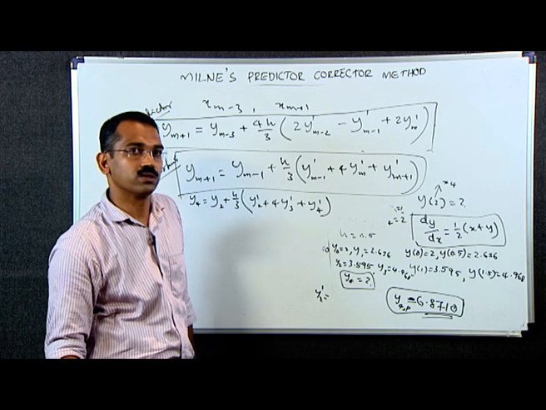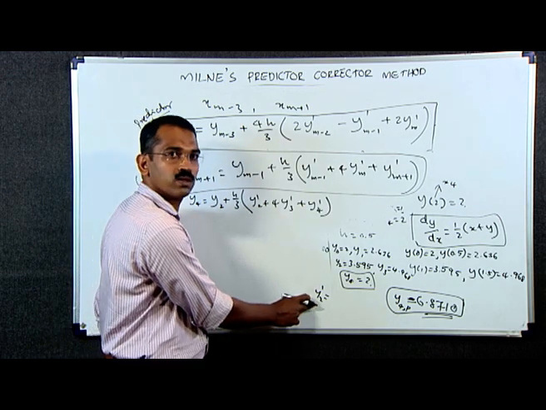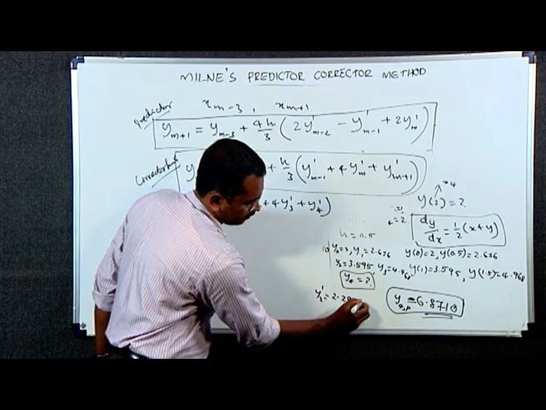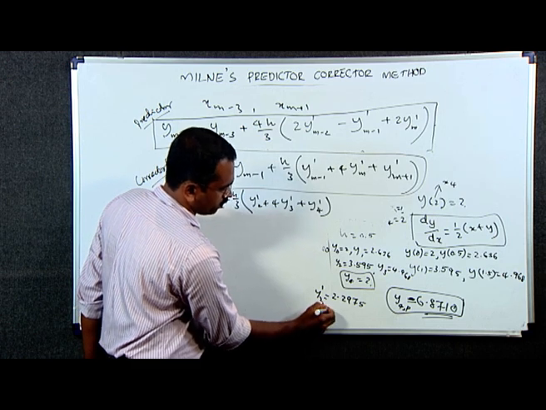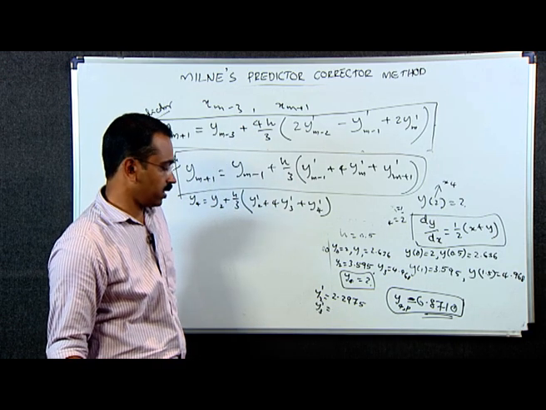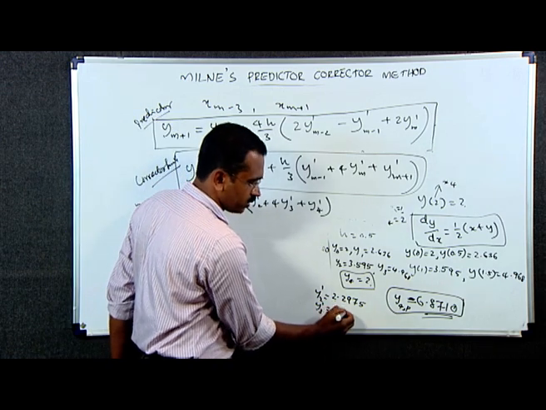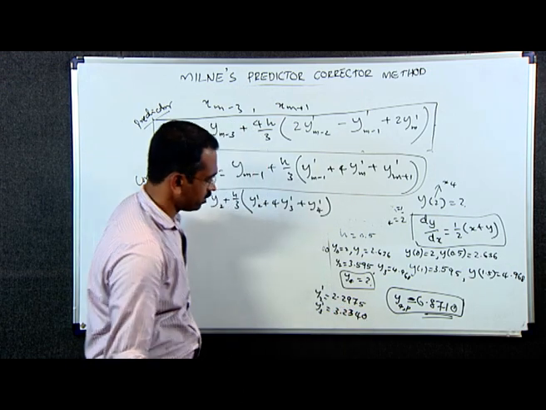In the previous case, we evaluated y2 dash as 2.2975 and y3 dash as 3.2340. These two are already evaluated.